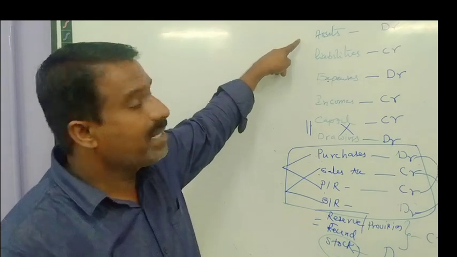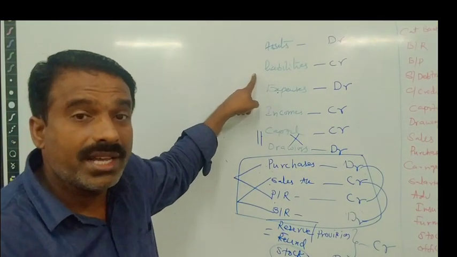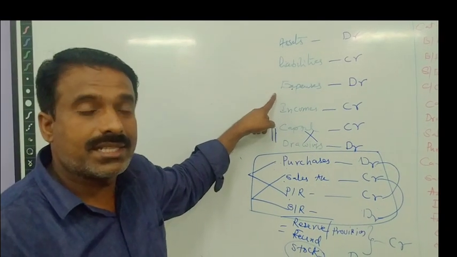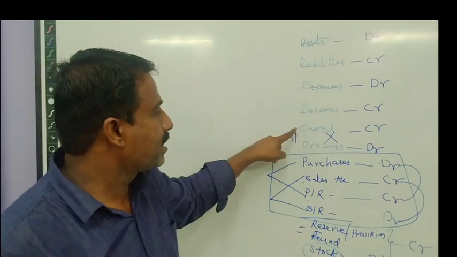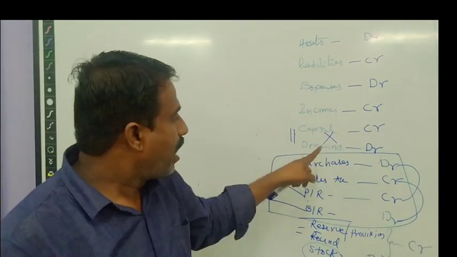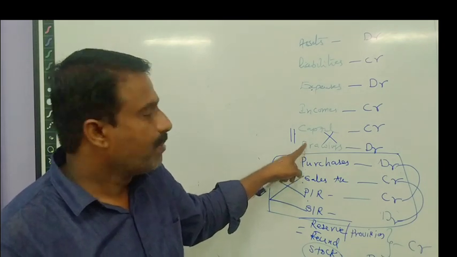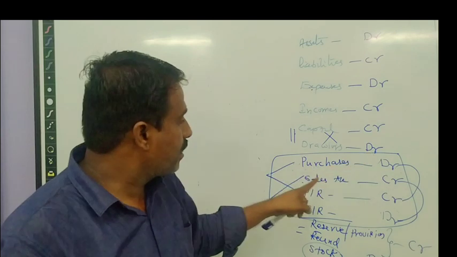Once again I'll repeat: assets are always debit balances, liabilities always credit balances, expenses always debit balances, incomes always credit balances. Capital is also a liability, so it is a credit balance. Drawings, as I said, are related to the owner, so they are debit balances.